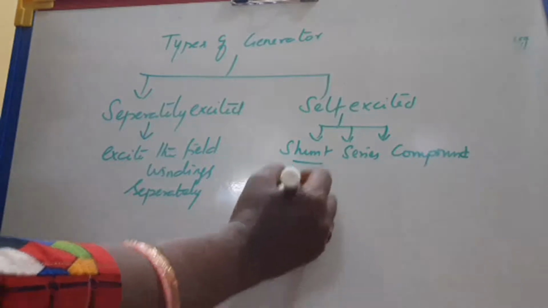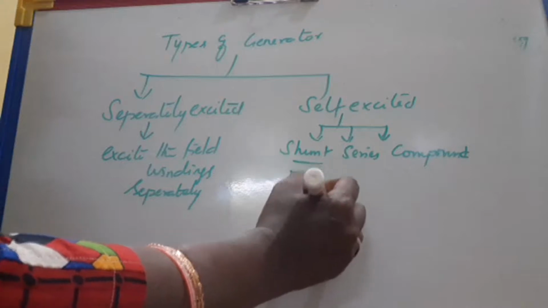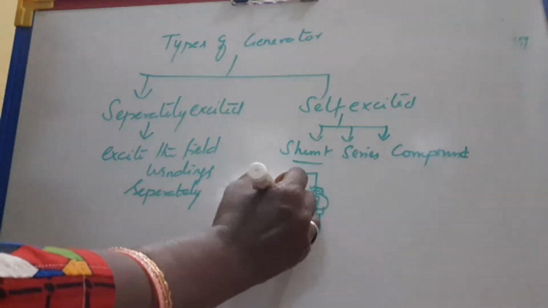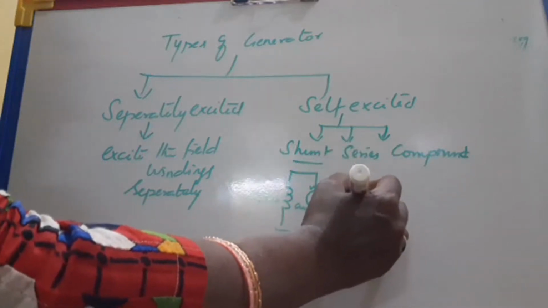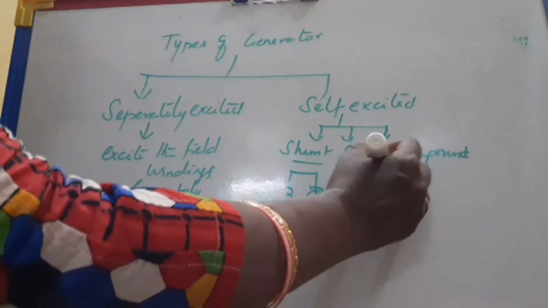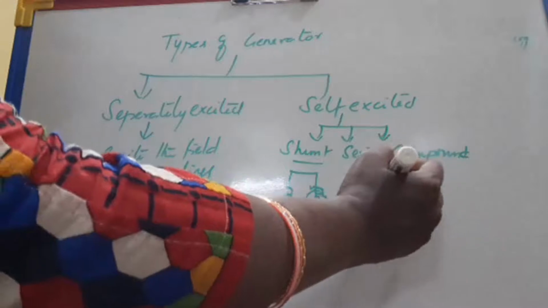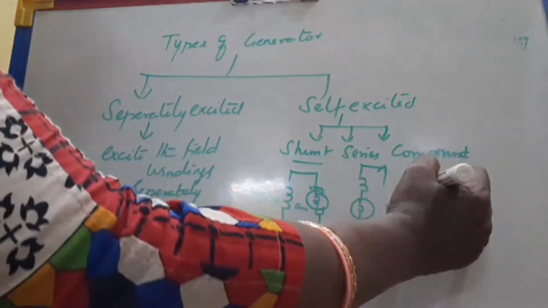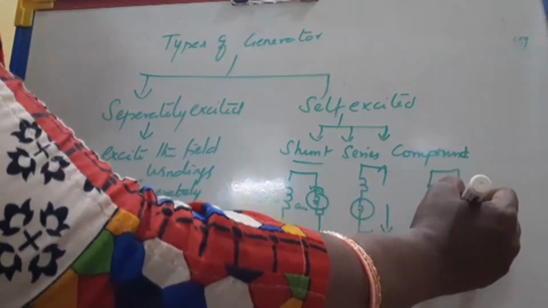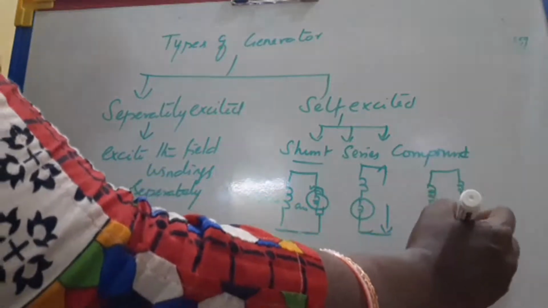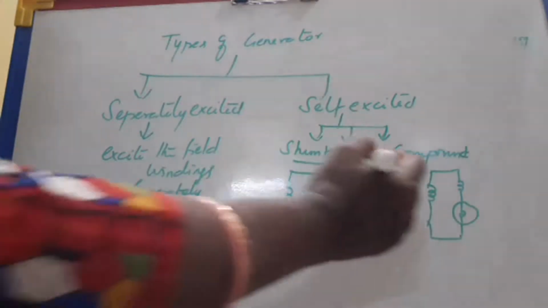The shunt winding is taken in parallel with the armature. The series winding is in series with the armature winding. And the compound winding has both the shunt winding as well as the series winding combination with the armature.